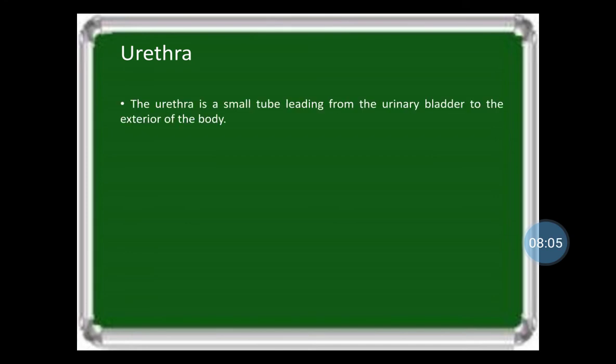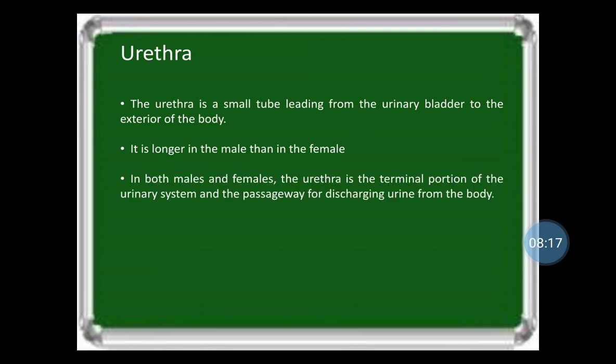Then the urethra. The urethra is a small tube leading from the urinary bladder to the exterior of the body. It is longer in the male than the female. In both male and female, the urethra is the terminal portion of the urinary system and the passageway for the discharge of urine from the body.